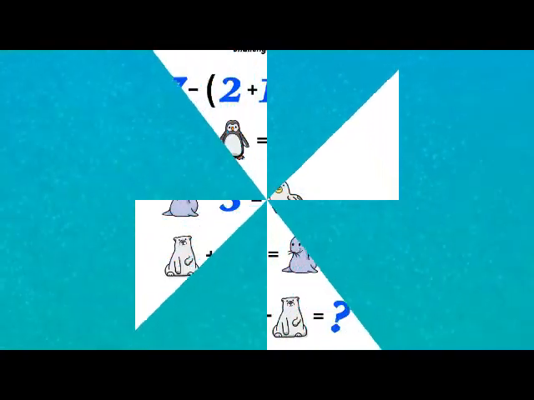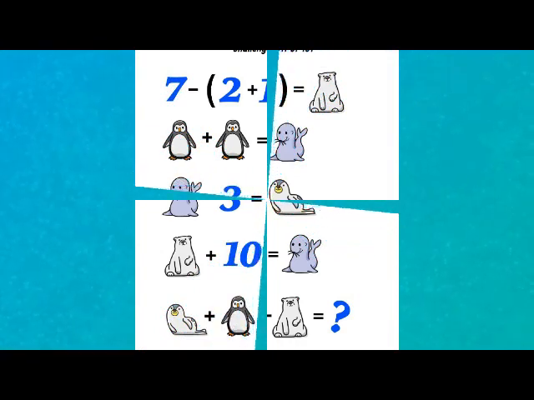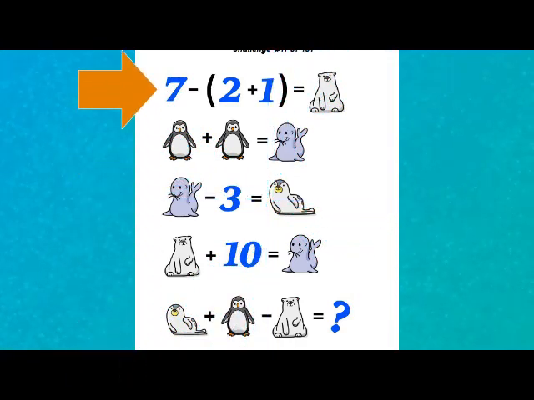So thank you to everybody who has commented and reached out with the answers to Tuesday's math problem, which involved all of the Arctic animals. So today we're going to take a look at that problem. The very first line is 7 minus parentheses 2 plus 1 equals the polar bear.